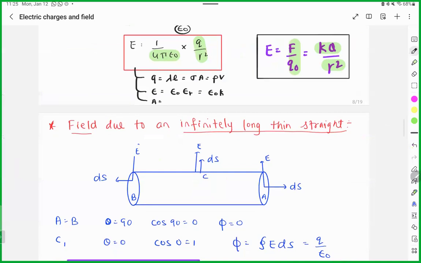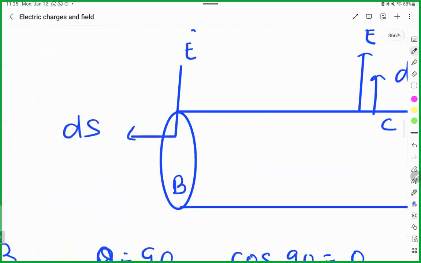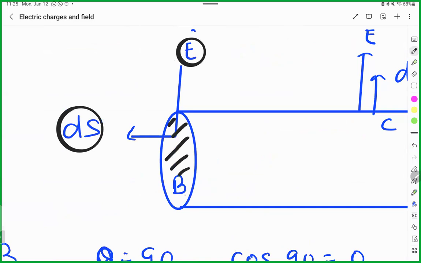Now, the remaining thing is just the application part. Imagine this is the electric field and this is the area vector, because this is the surface, this is the area, at 90 degrees to the surface.